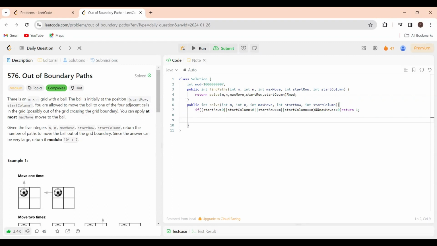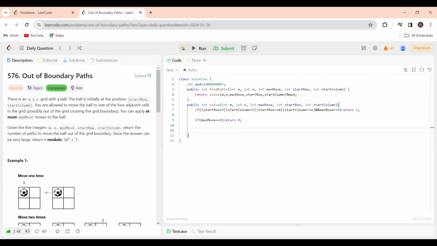One more base condition: if our max moves is less than or equal to 0, then we need to return 0, right? So we cannot go further from that. If our max move comes to 0, then we don't have any moves to move our ball, so from there we return 0.